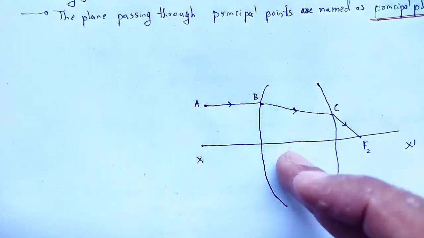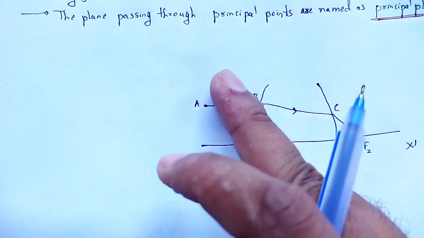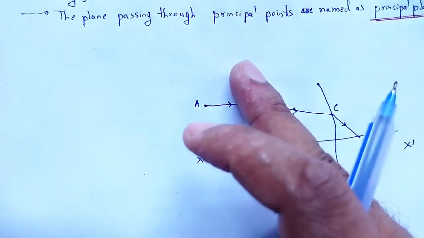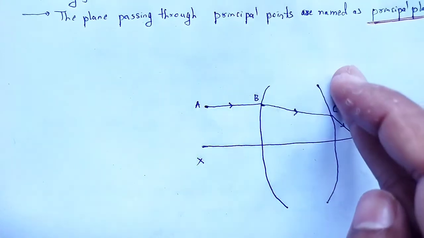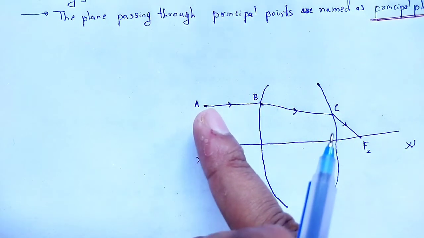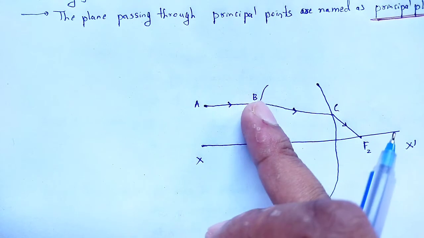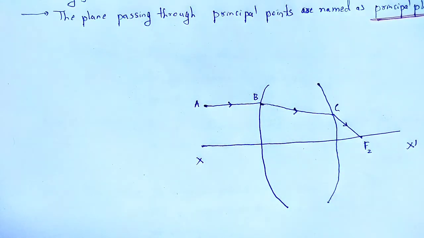The optical system has a refractive index, and the two mediums have another refractive index. Due to the change in refractive index, the process of refraction takes place and the ray is incident and refracted like this.